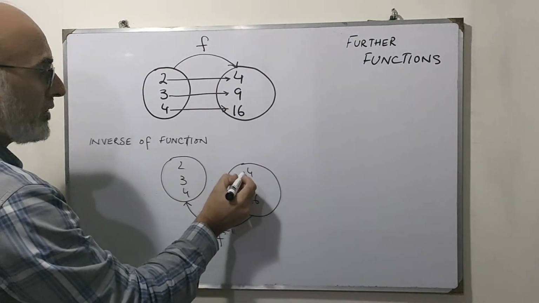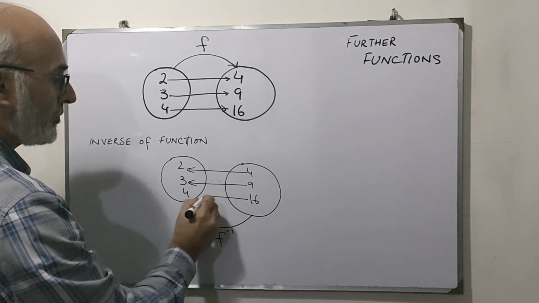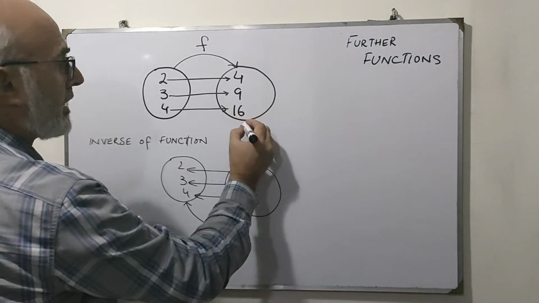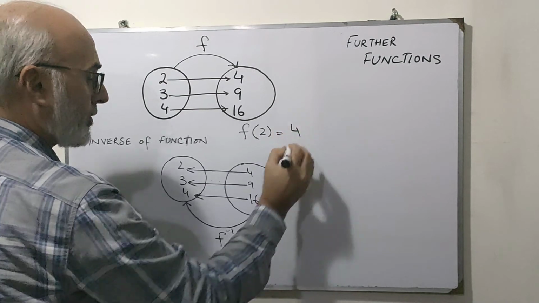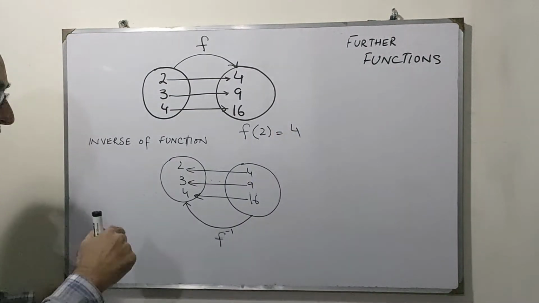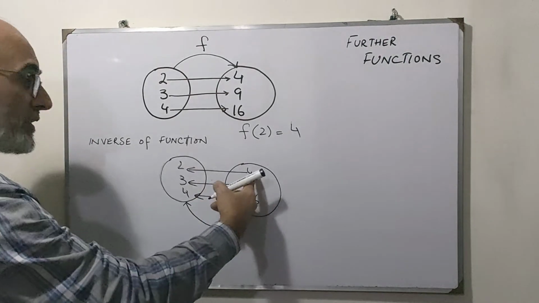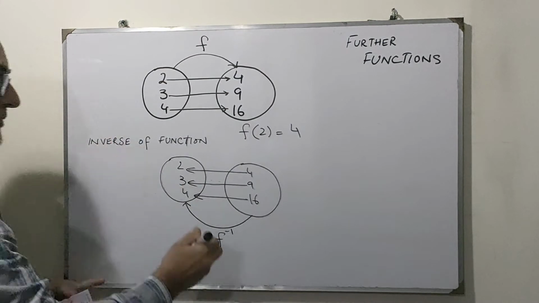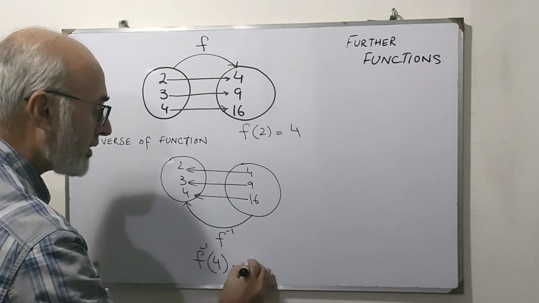Now the arrows are in this direction, and in this case it was like this. If you input 2, what do you get? 4. Now in this inverse of a function, because the direction of the arrows is reversed, if I input 4, what do I get? 2.